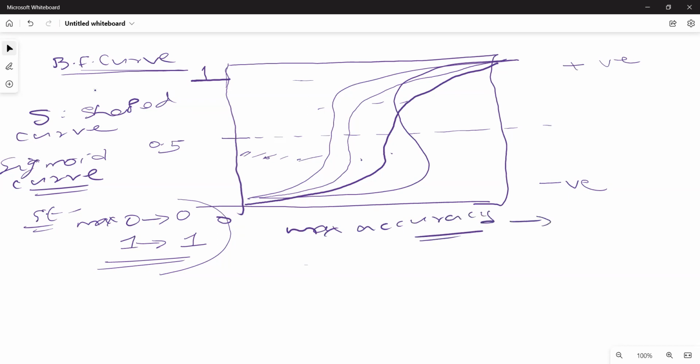And this is measured using a method called MLE, maximum likelihood estimation.